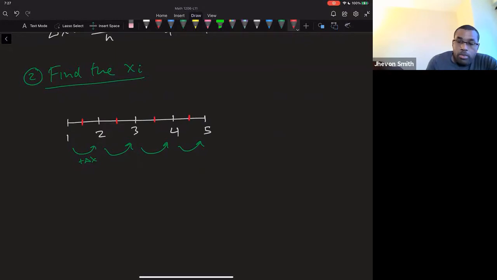Now, how do you get them? For the first one, you would just find the average, 1 plus 2 over 2. That's 3 over 2, or 1.5, right? And you're going to put that here.